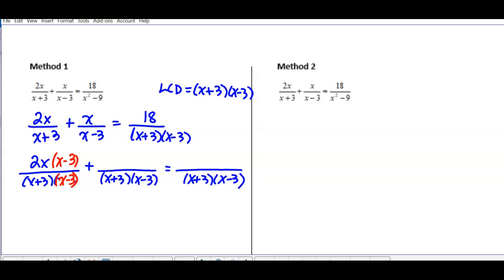Then the next one we have to multiply by x plus 3, top and bottom. We'll just put the monomial out front there. And the last one, nothing changed. So now, one fraction on each side.